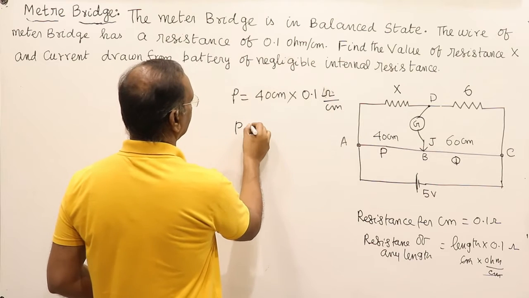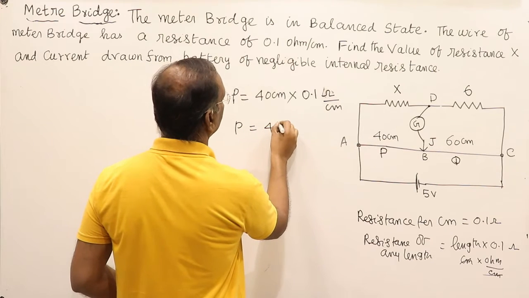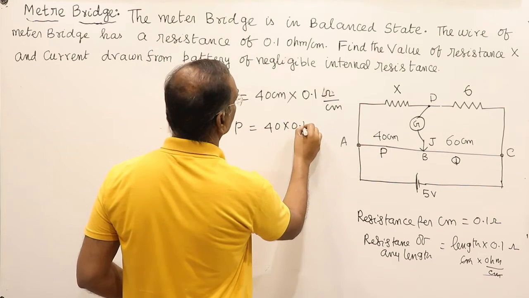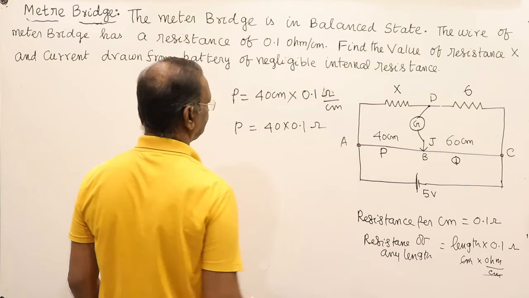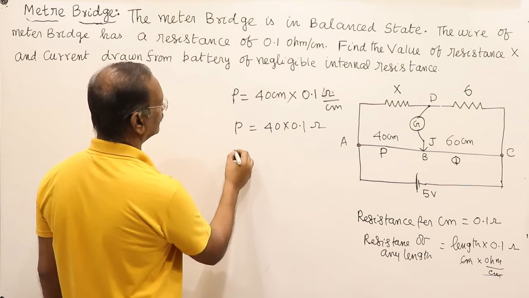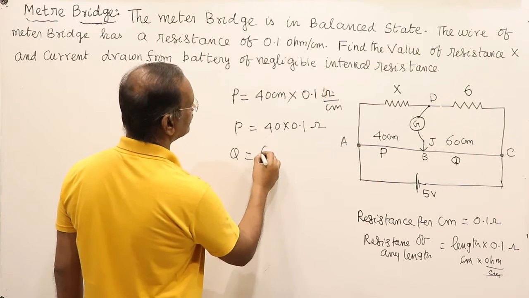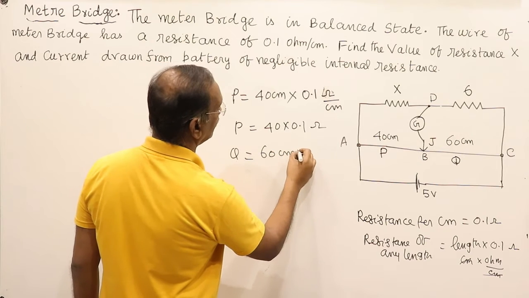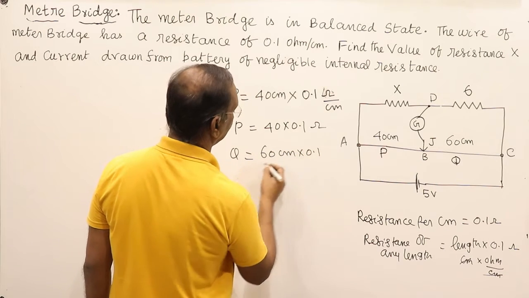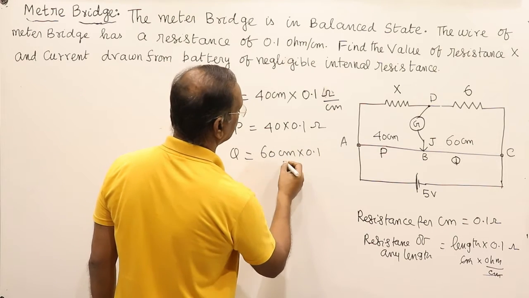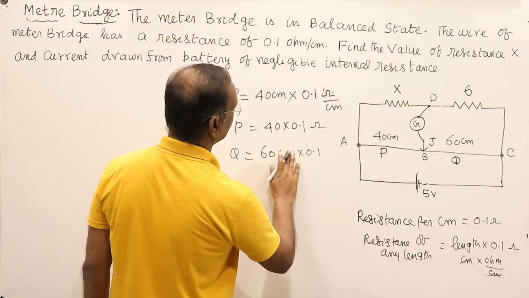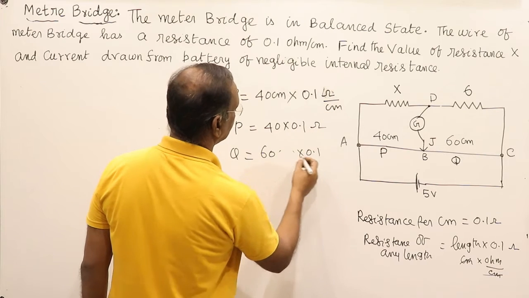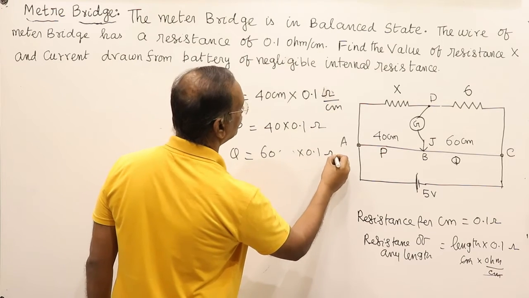So P is equal to 40 into 0.1 ohm. Same way, Q is equal to 60 centimeter into 0.1 ohm.